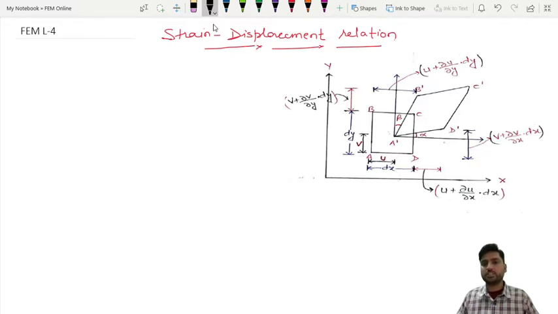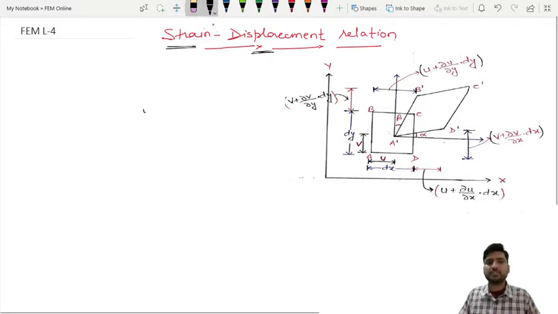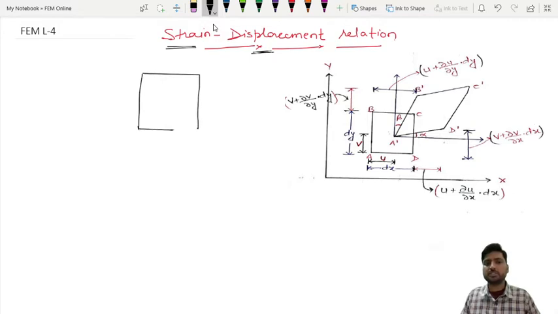So what I am doing here, I am trying to establish the relation between strain and displacement by using this diagram figure. In this figure, I have taken a plane element, meaning a two-dimensional element, which is in x direction as well as in y direction.